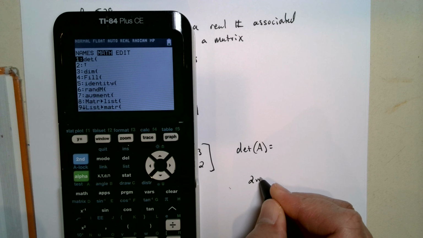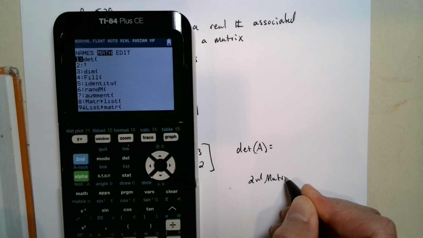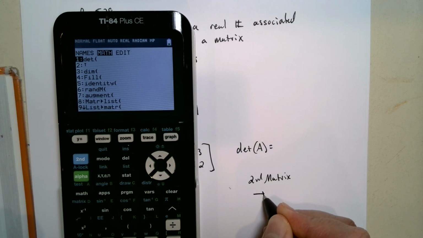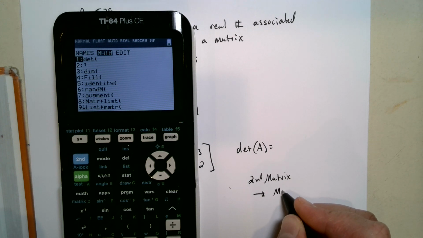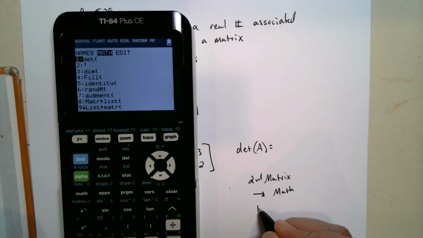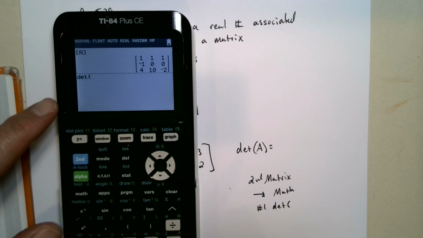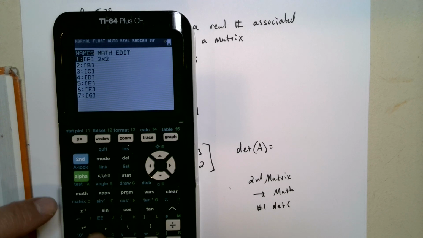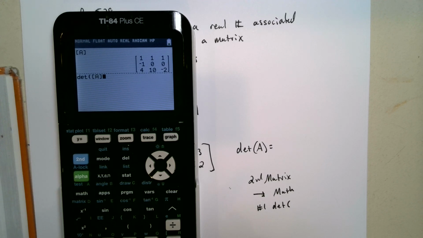So you're in the matrix feature, and you're going to arrow over to math. And when you do that, number 1 is determinant. So you're just going to hit enter or hit number 1, and then you need to go back and get matrix A. And so you want it to find the determinant of matrix A, and it is 7, just like the book said.